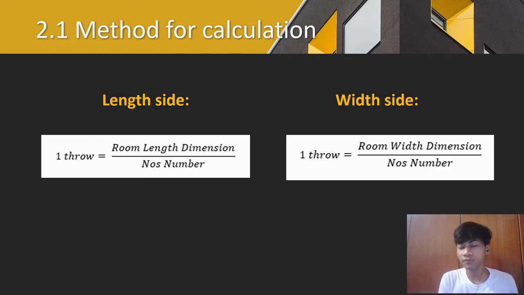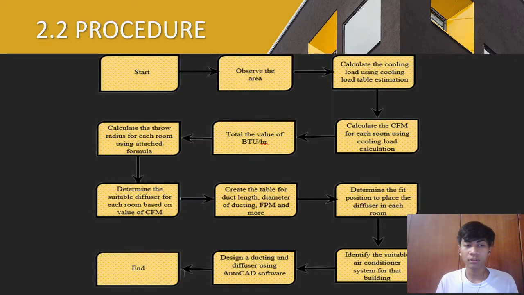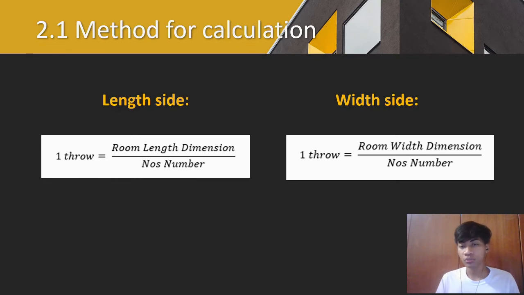For the information, one Notch number is equal to one diffuser, and two diffusers is equal to two Notch number. So for example, if one room has one diffuser, the room length dimension will be divided by 2. Same also with the side: one throw is equal to the room width dimension divided by the Notch number.